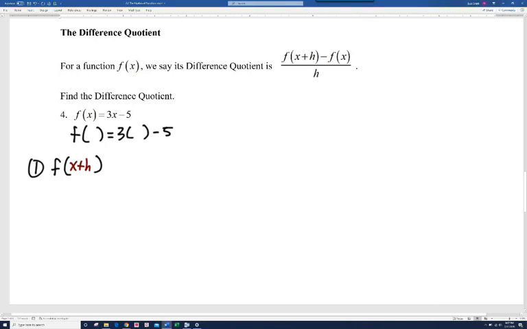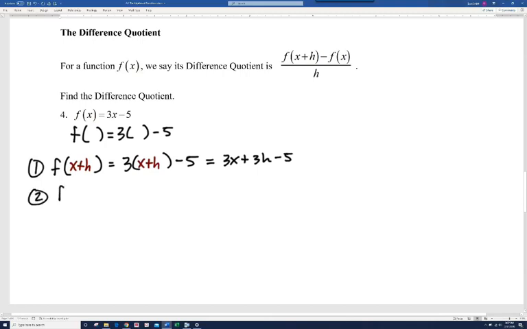So if we want to find f of x plus h, our input is x plus h, so we're going to multiply 3 times x plus h, that's my input, minus 5. So we're going to want to distribute here. We'll get 3x plus 3h minus 5. And so that's f of x plus h.